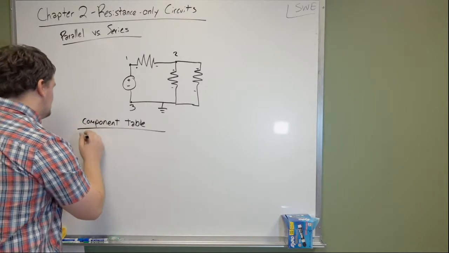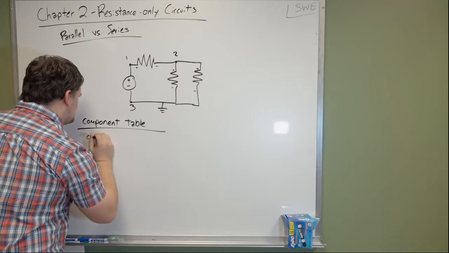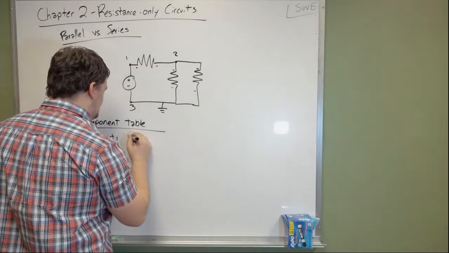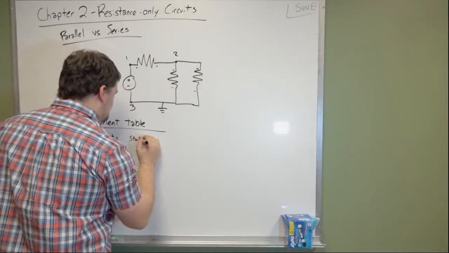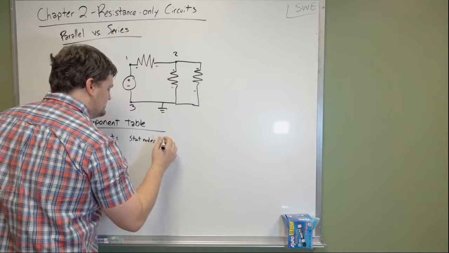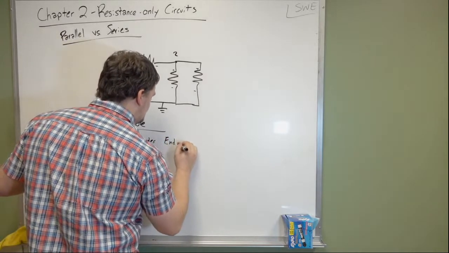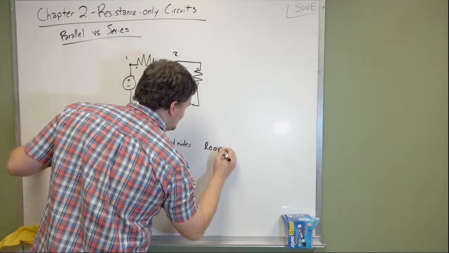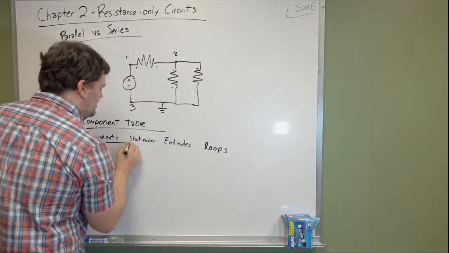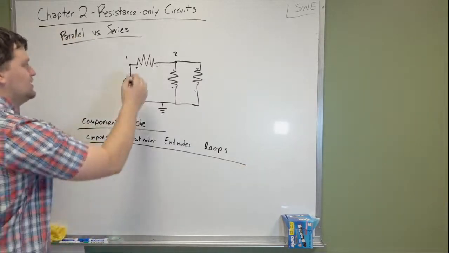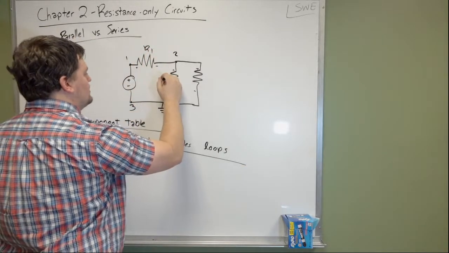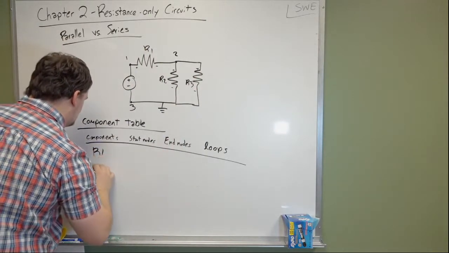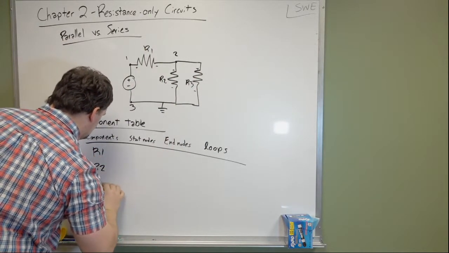So you write out your components, the nodes they're connected to, start node and end node, and I also like to write out what loops they are associated with. So let's say this is R1, R2, R3. We'll have components R1, R2, and R3.